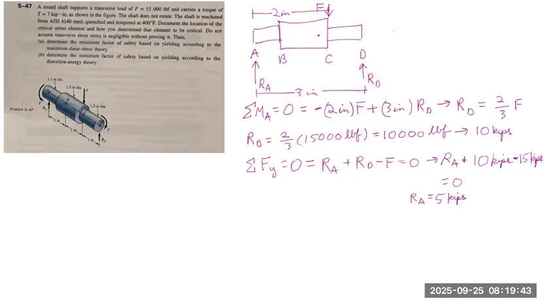The critical locations will be at the points B and C, where we will have maximum transverse shear or bending stress, because both locations will also have torsional shear stress.